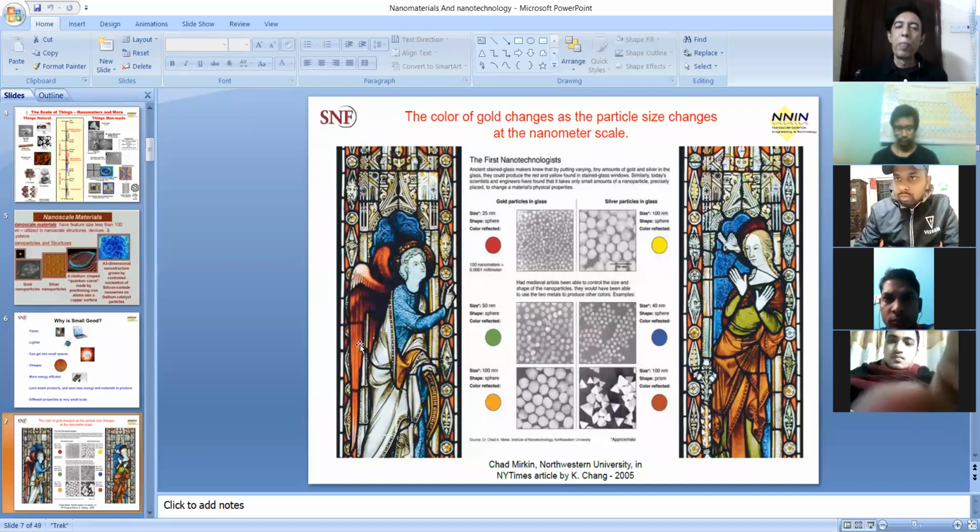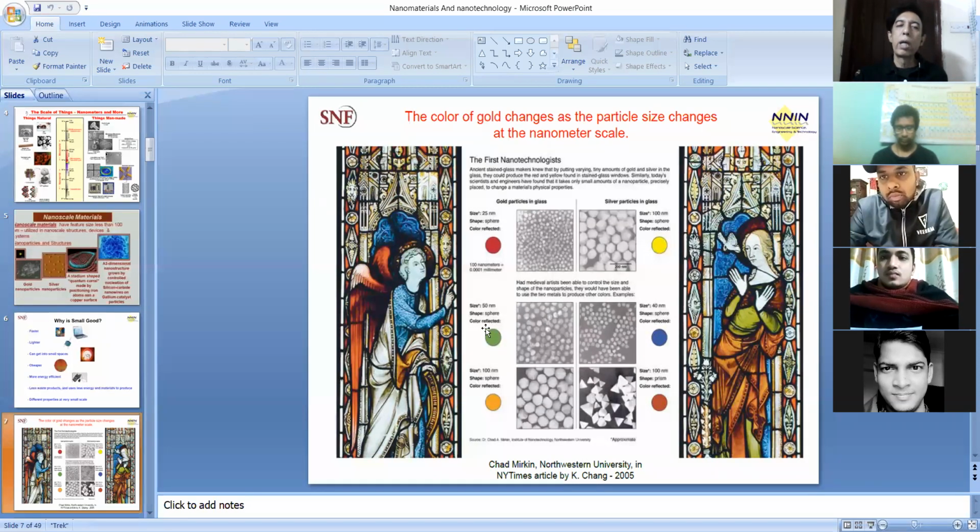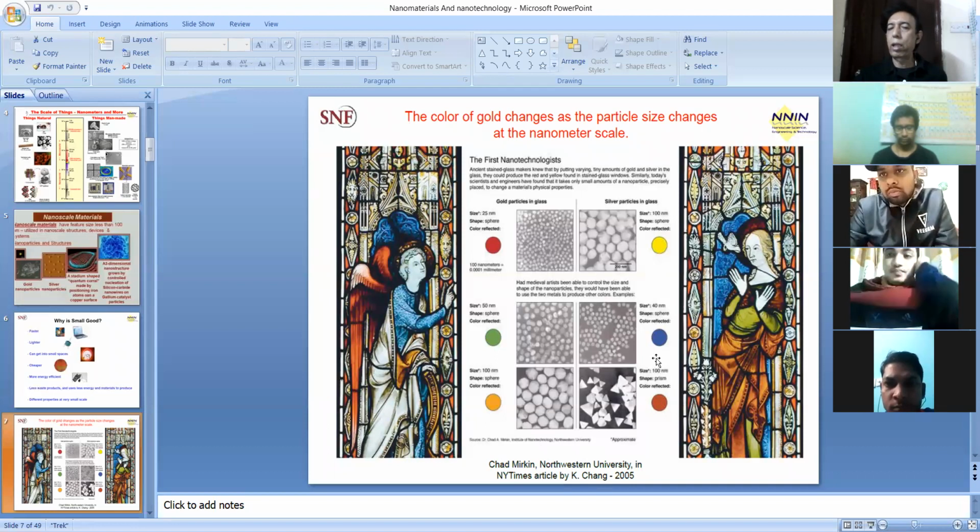You see, when the size of the gold is about 25 nanometer, then the color will be like that. And if the size of the gold is about 50 nanometer, then the color will be like that. And so as silver. These are the colors of silver.